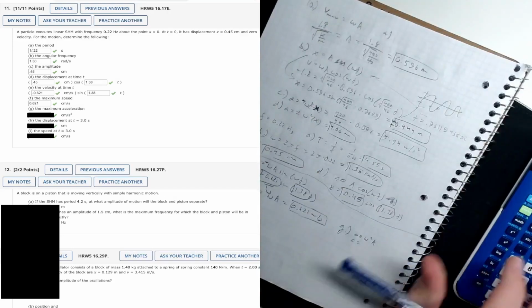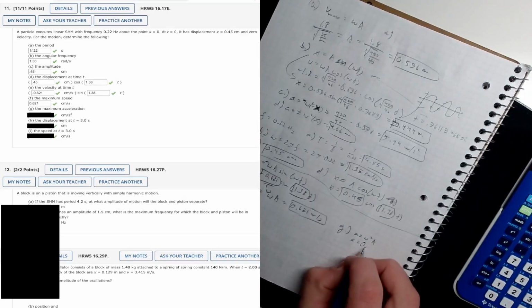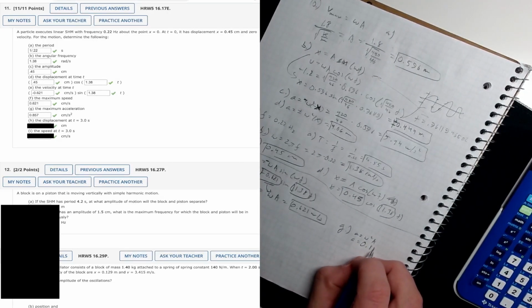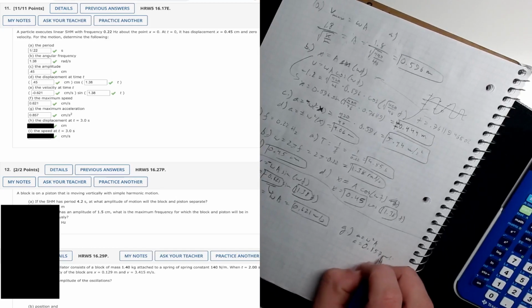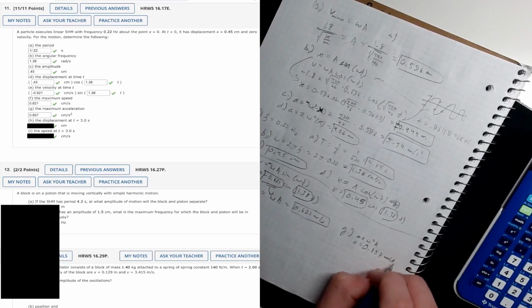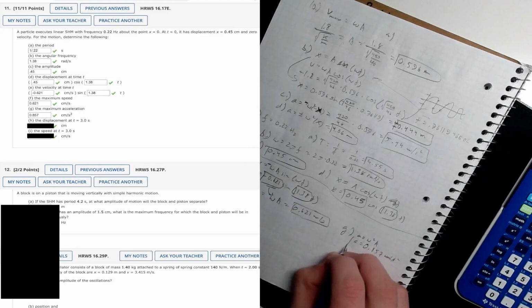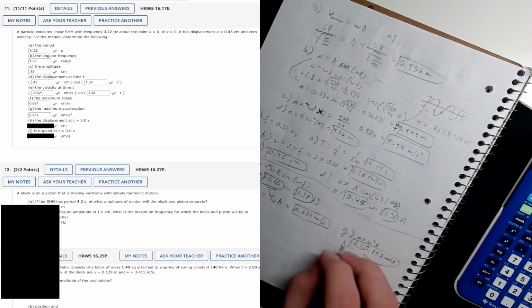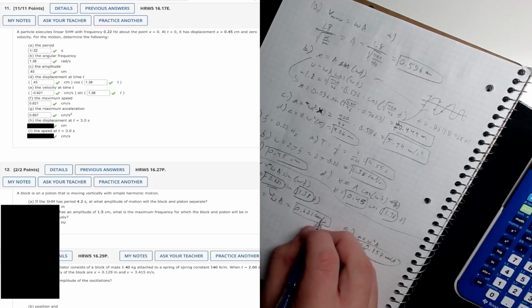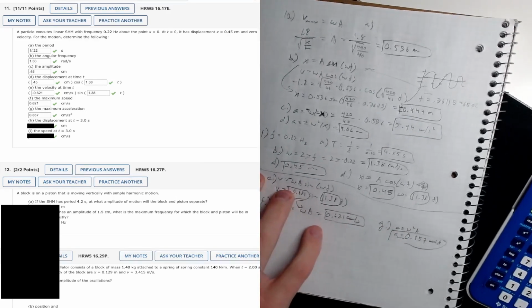It's going to be 0.857 centimeters per second squared. It's going to be centimeters as well, by the way, not meters per second squared.